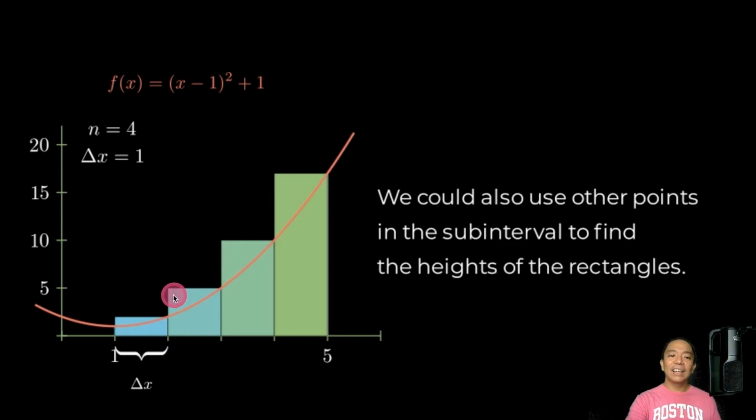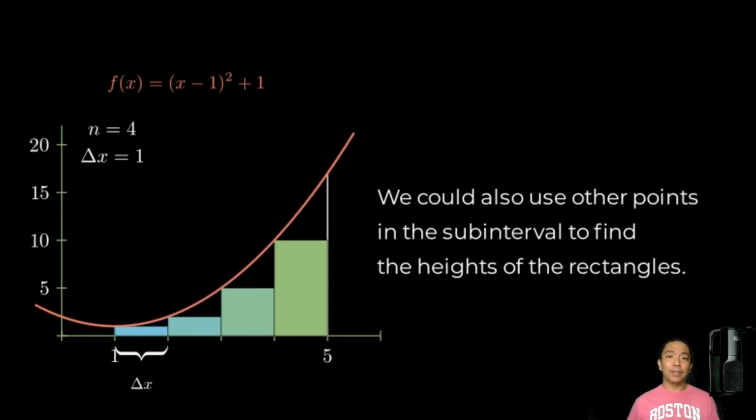May sumusobra tayo na area na lumalampas dun sa boundary natin sa taas, which is the function. Later on, we'll see that it's okay. It doesn't really matter if our approximating rectangles are overestimated or underestimated as long as yung height nila ay nakukuha natin based sa isang x value dun sa subinterval. So in that case, let's just go back dun sa leftmost point for our example.